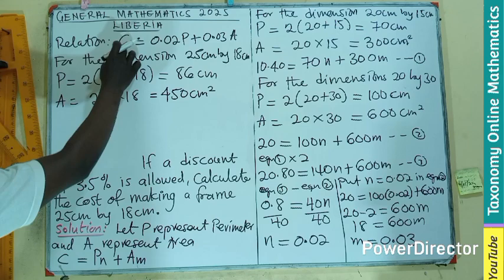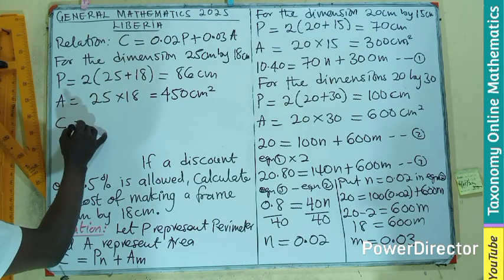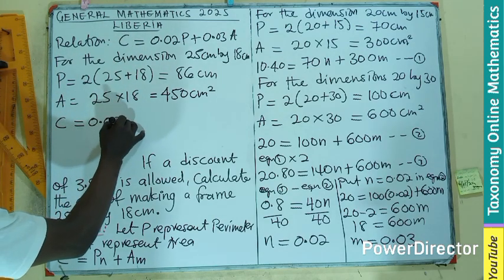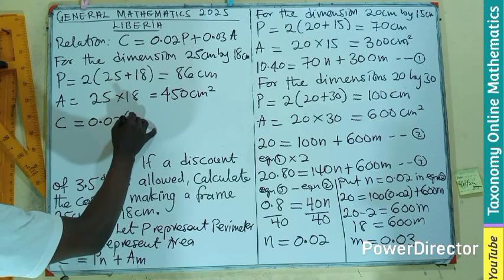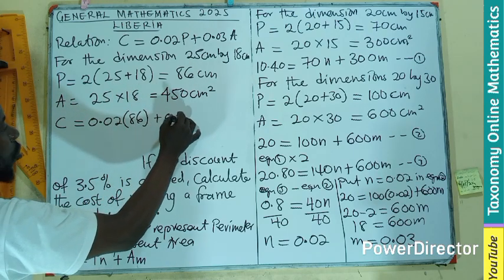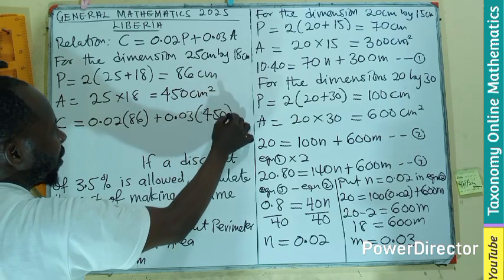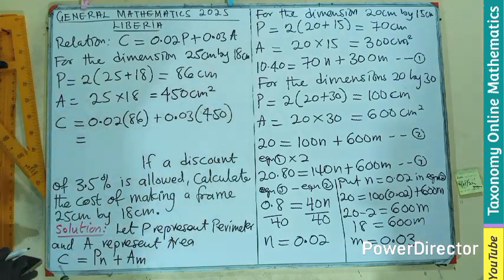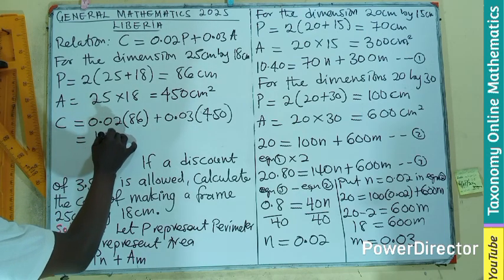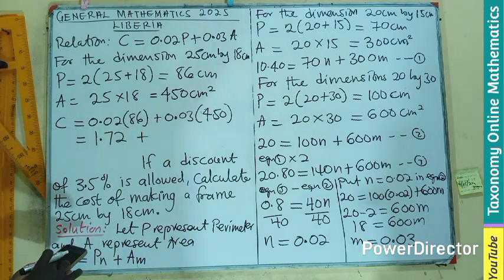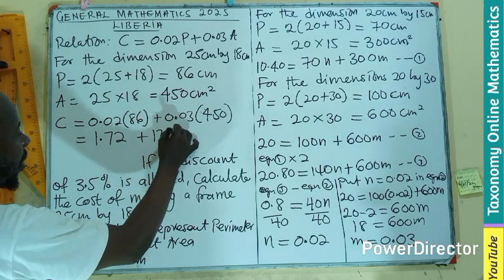So what do we need? We need to know the cost. The cost is going to be 0.02 of the perimeter, 86, plus 0.03 of the area, 450. If you multiply this, 0.02 times 86, you have $1.72, then 0.03 times 450 will also give you 13.5.